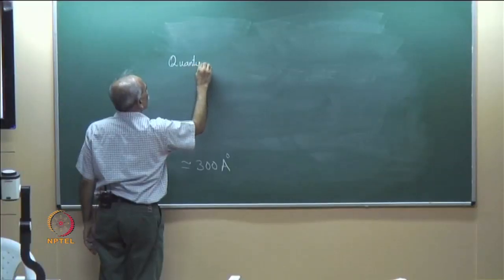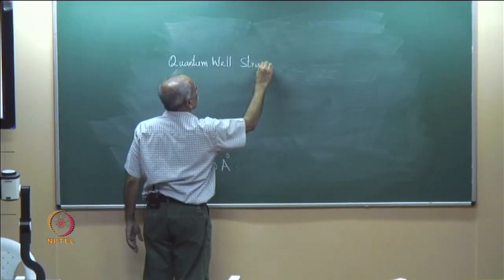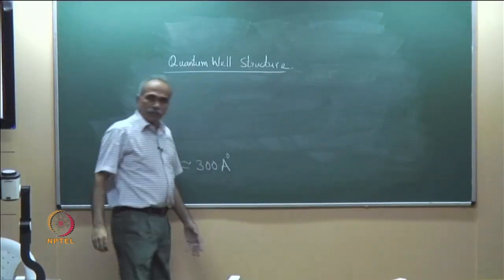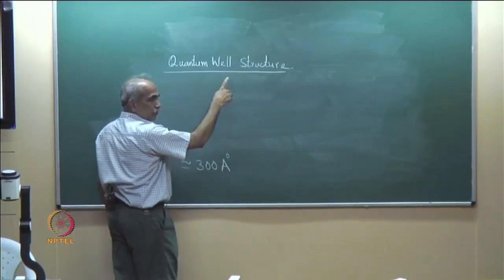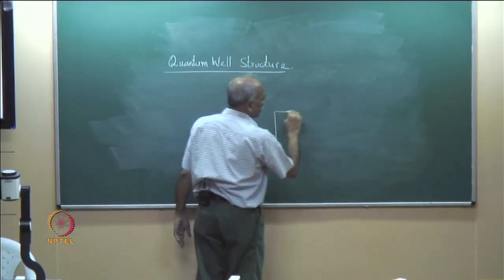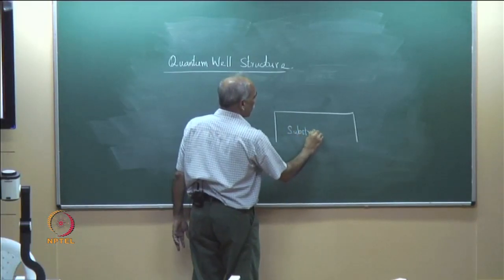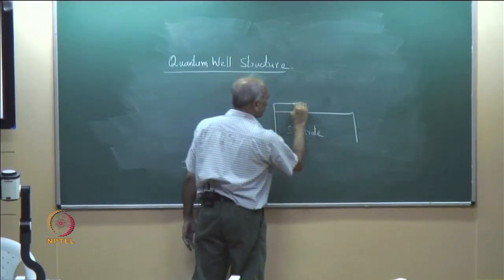Let me go a little bit further. What is a quantum well structure, and how does it form? We have talked about double hetero structures where you had a substrate, and on top of this you grow a layer.